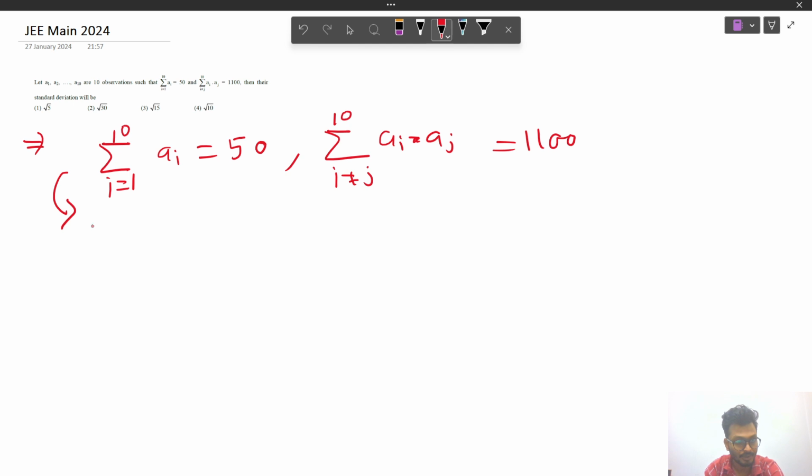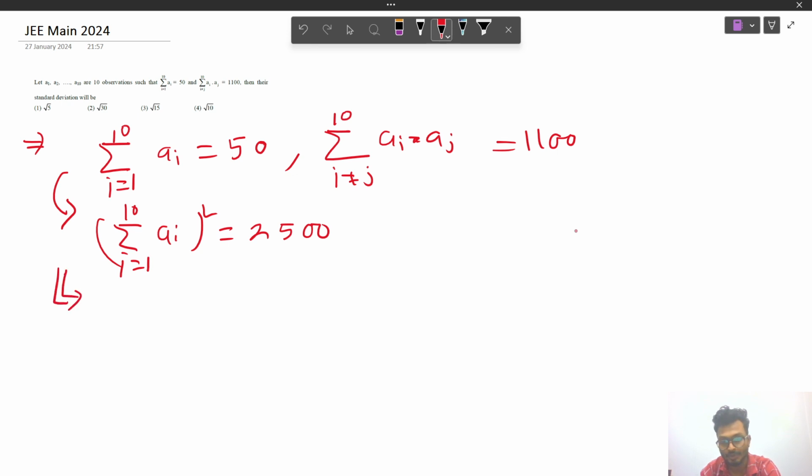From here we can write that the summation of ai for i equals 1 to 10, whole square, equals 2500. Now we know that when we write (a plus b) whole square, it is a square plus b square plus 2ab.